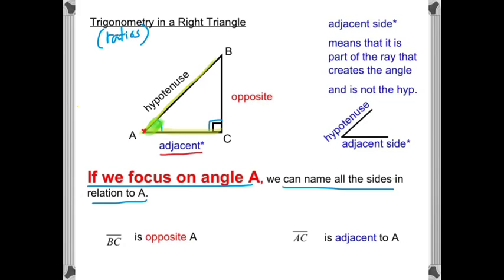And then the leg of the triangle that doesn't make up part of A is going to be called the opposite. The one that's labeled in pink is the opposite. So line segment BC is the opposite of A, and line segment AC is called adjacent to A. The adjacent side means it's part of the ray that creates the angle, but it's not the hypotenuse.